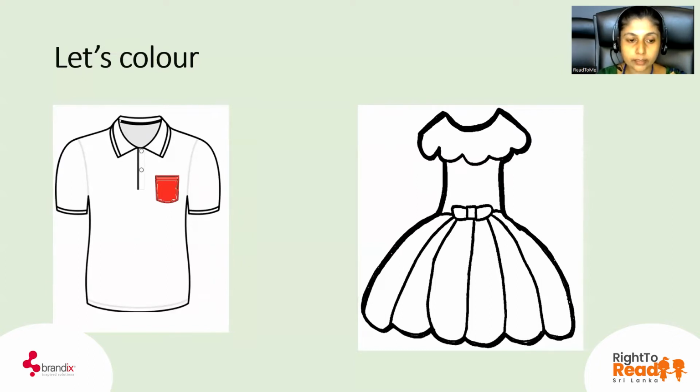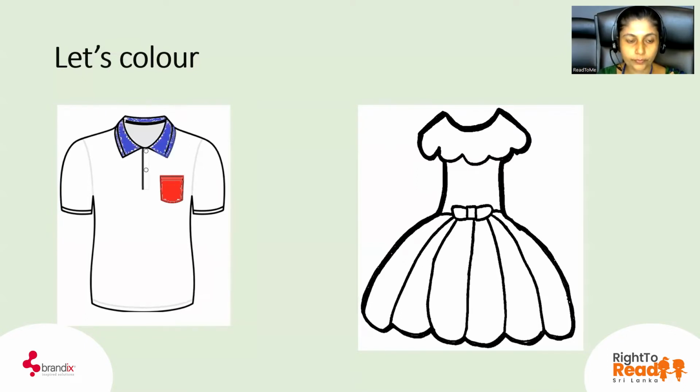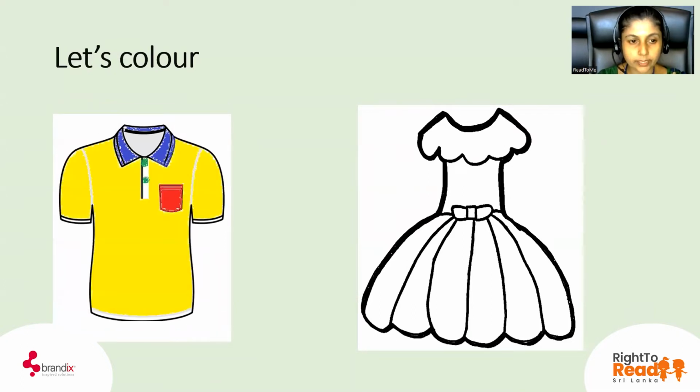You have to color the collar of this shirt in blue. Then finally, buttons. There are two buttons in this shirt. Color the buttons in green. And then color the shirt in yellow. Buttons in green and shirt in yellow. Have you got a picture like this?